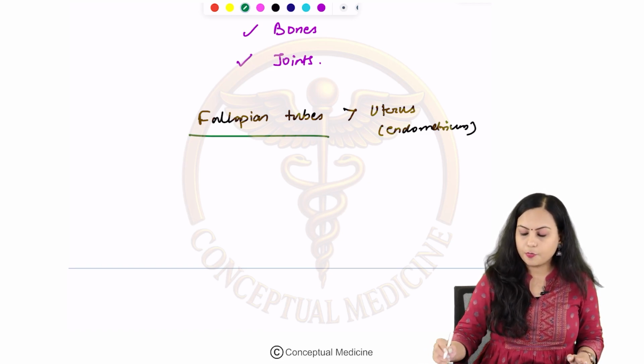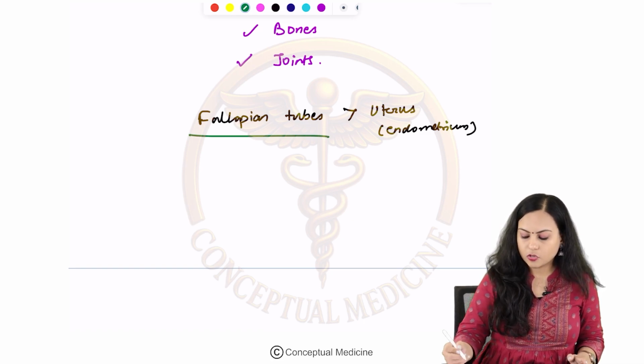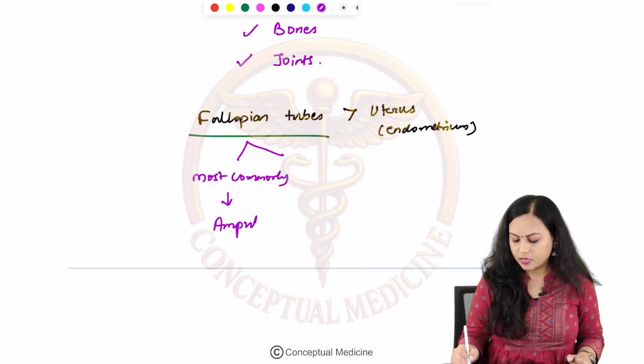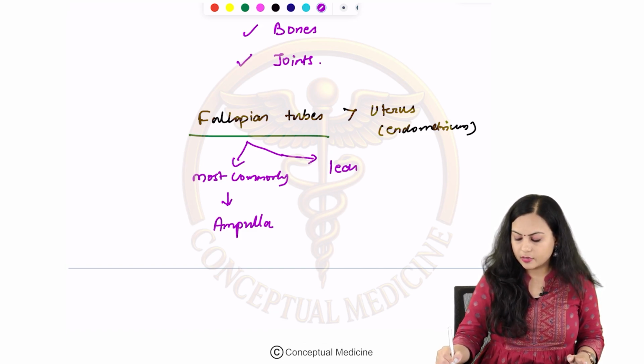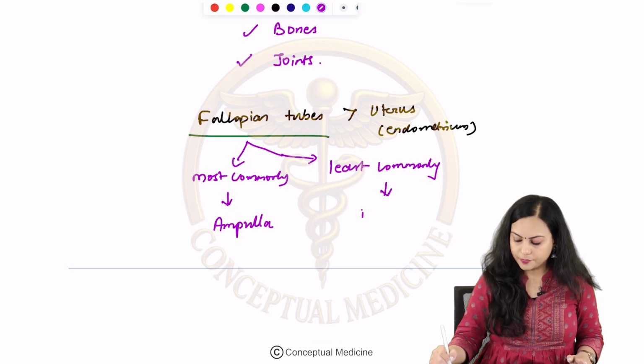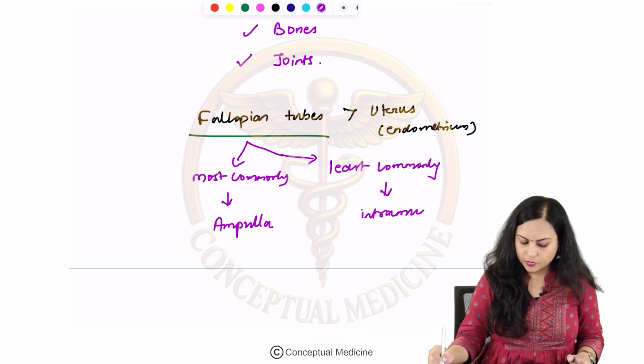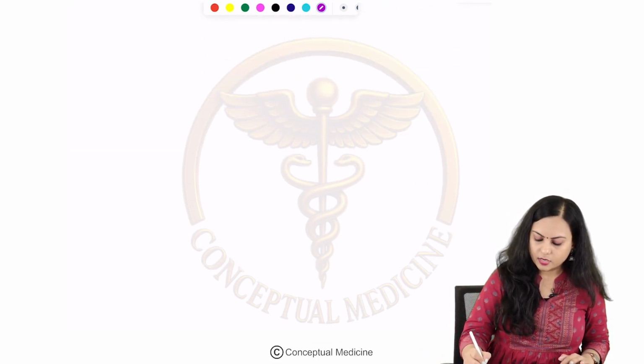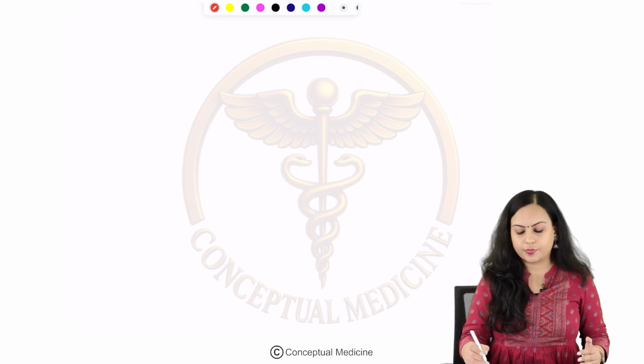And then in the fallopian tubes, the most commonly affected site is going to be the ampulla, and the least commonly affected site is going to be the intramural portion. Clear?